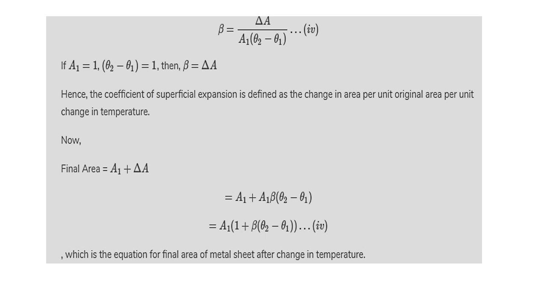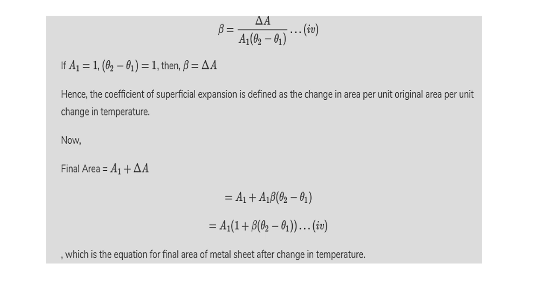So beta will be equal to delta A divided by A1 into θ2 minus θ1. Again, if A1 is 1 and θ2 minus θ1 is 1, then beta will be equal to delta A. That means the coefficient of superficial expansion is the change in area per unit original area per unit change in temperature.